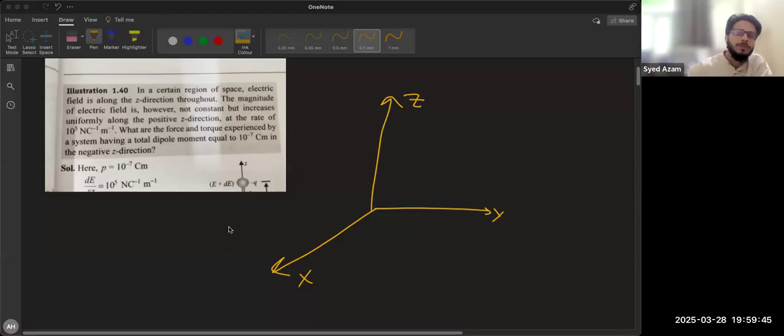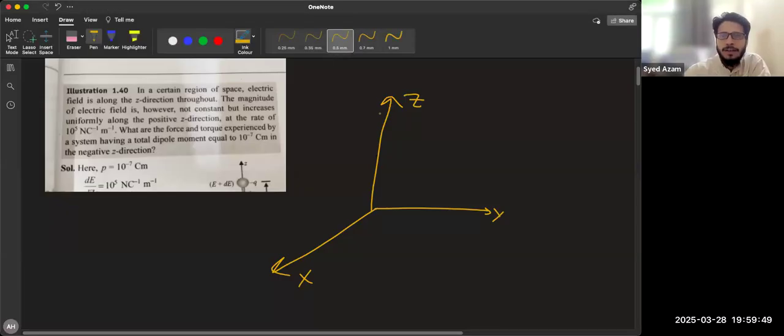Okay, so let's start. In a certain region of space, electric field is along z direction. The magnitude of field is not constant, but increases uniformly along z direction at the rate of this. So Upasana, field is uniform or non-uniform?